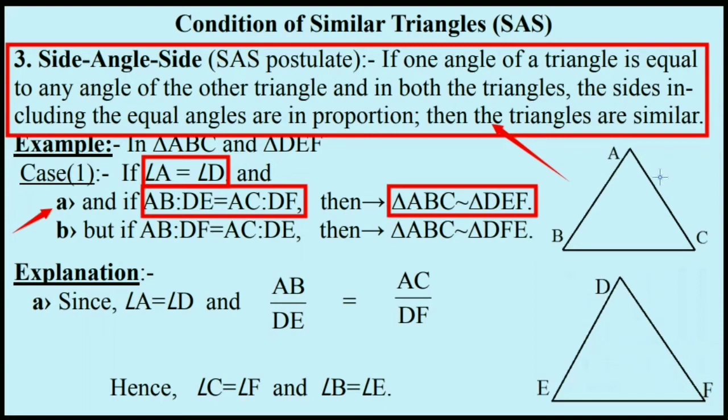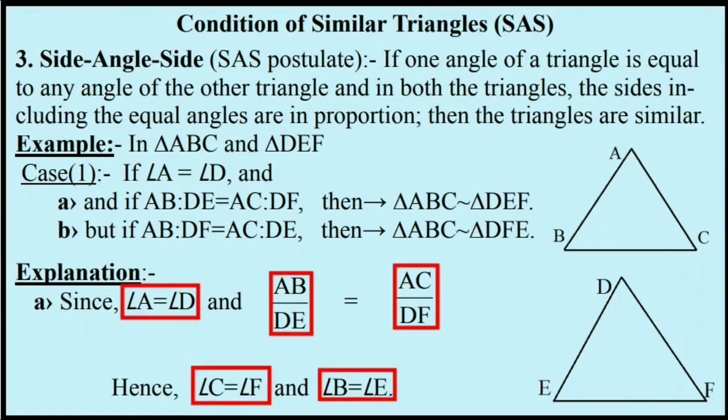This shows if angle A is equal to angle D, and here the sides involved are AB and AC. It means AB and AC are the two sides which include the angle A, and in triangle DEF the included sides are DE and DF, and these two sides DE and DF include the angle D. Hence, the two triangles are similar.